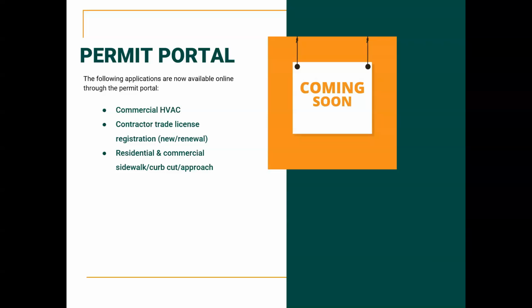Going forward, we're going to have an online portal where you can submit that information online. So again, one less thing that you have to come into our office for, and having that state license on file will allow you to have access to those trade applications. So commercial and licensed electricians will have access to commercial electric permits. Commercial licensed HVAC contractors will be able to access that type of trade permit.